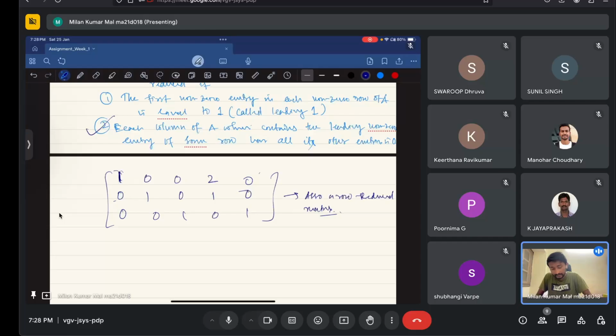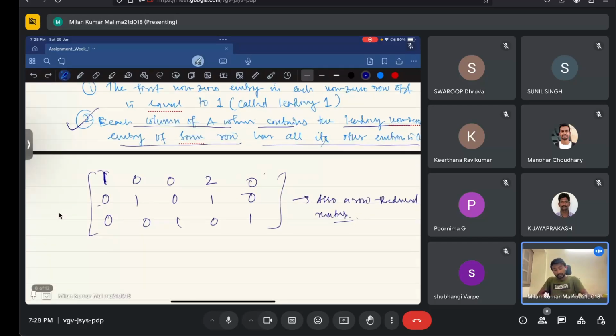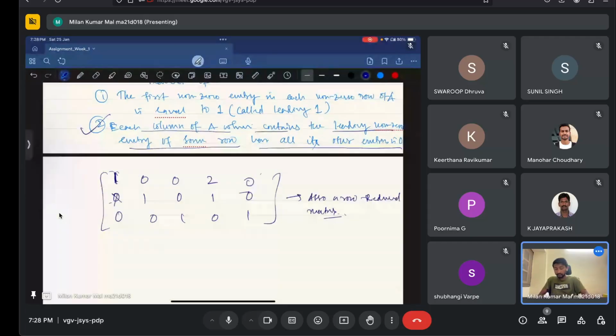The second condition says that each column of A which contains the leading non-zero entry of some row has all its other entries 0. So if 1 is the first non-zero entry of the first row, then all other entries in that column should be 0. That is the reason the first non-zero entry of the second row can't be there.